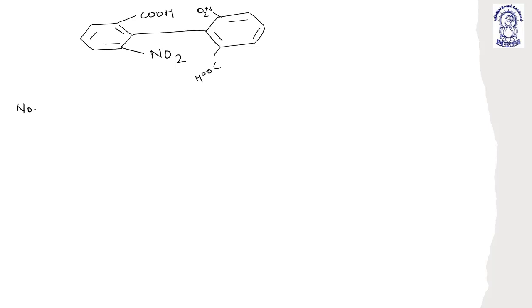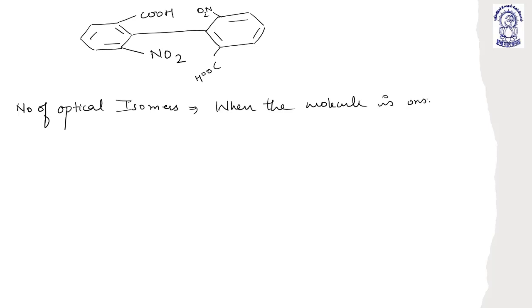Now to find out the number of optical isomers when the molecule is unsymmetrical, it cannot be divided into two equal halves.